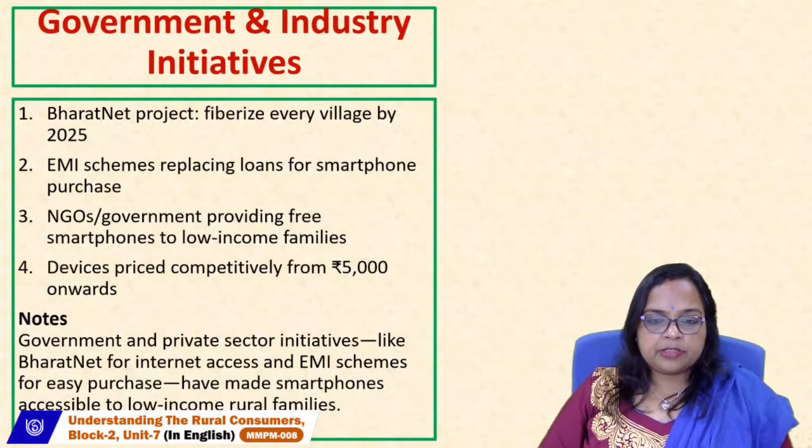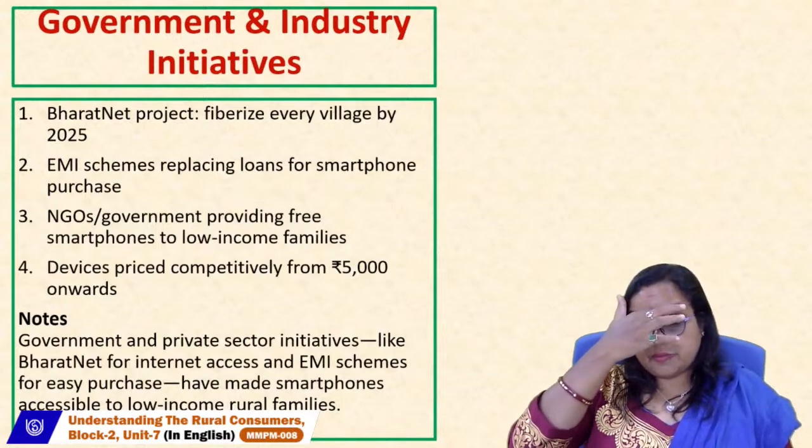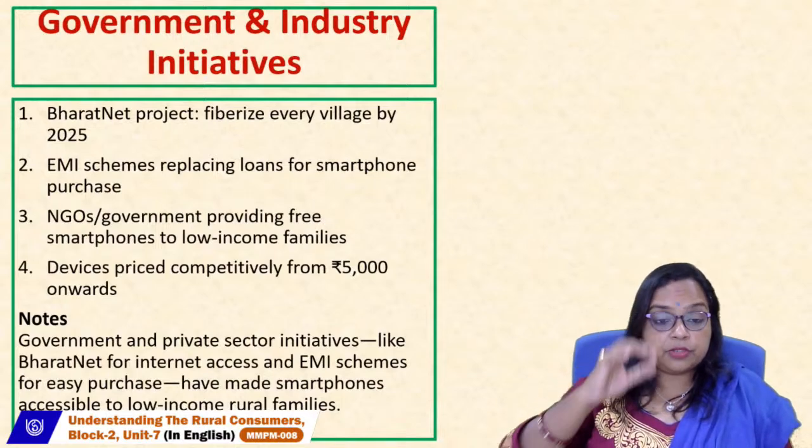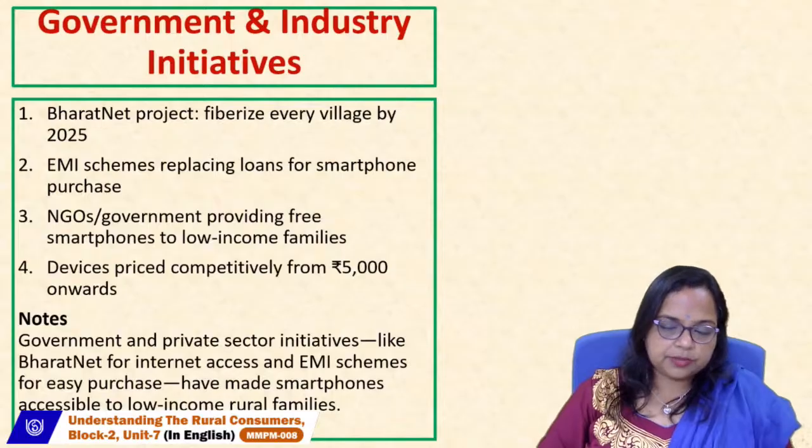They are giving a full range of prices, and the minimum starts from 5,000 onwards. Government and private sector initiatives like we discussed, BharatNet for internet access and EMI schemes for purchase, have made smartphones accessible to low-income rural families, and these are your target customers.